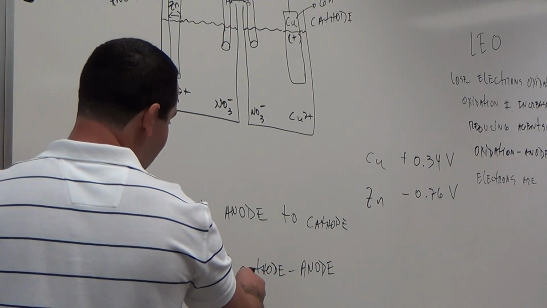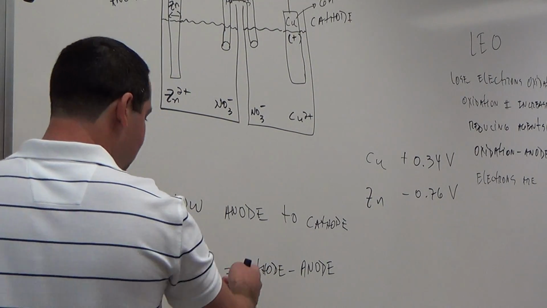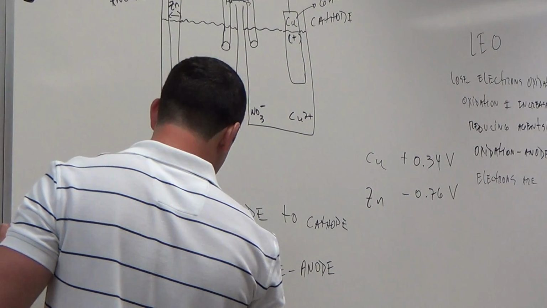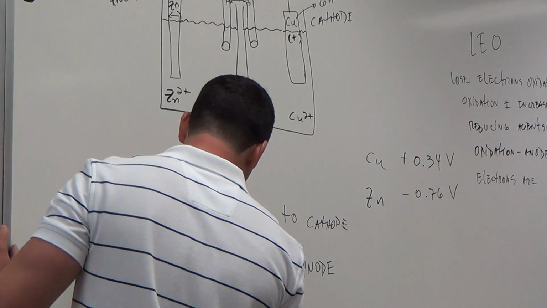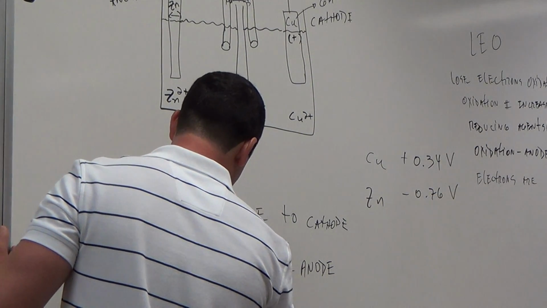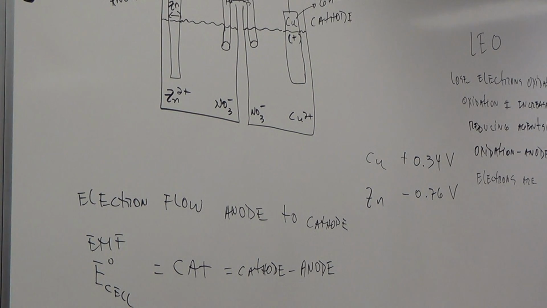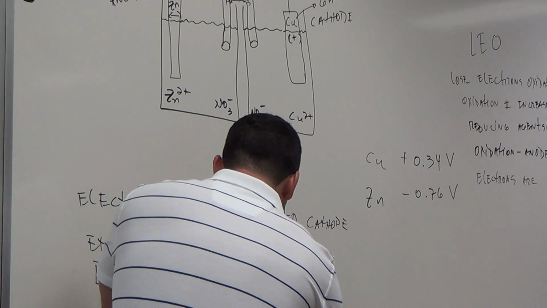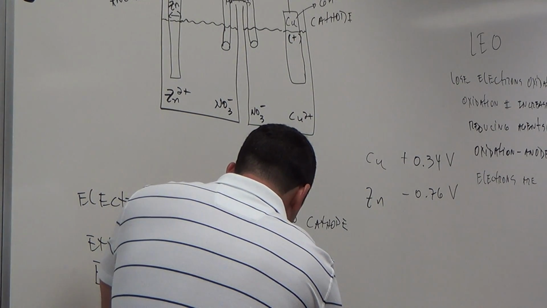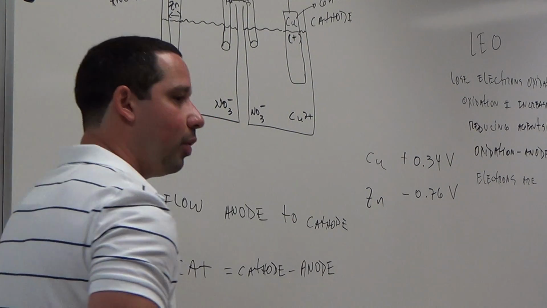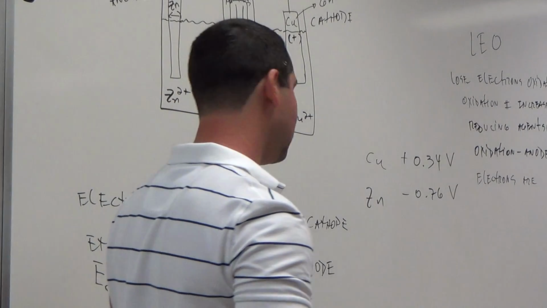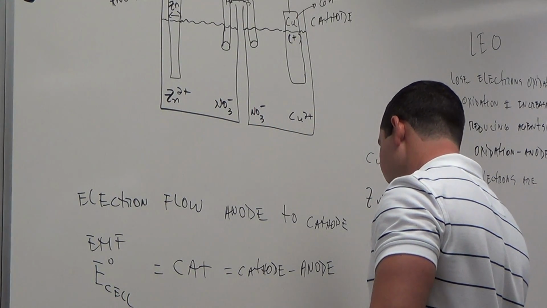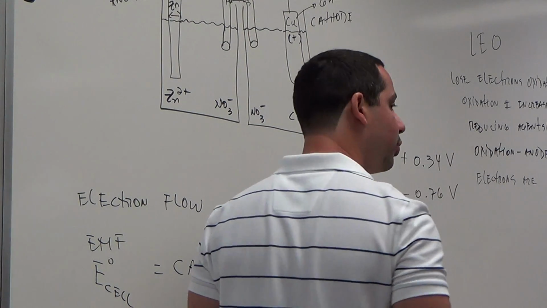Cathode minus anode. This is the reduction potential of the cathode. So let's say E of the cell, and I am going to use the reduction potential. It will look like E reduction minus the reduction potential of the other one, because they're both reductions.